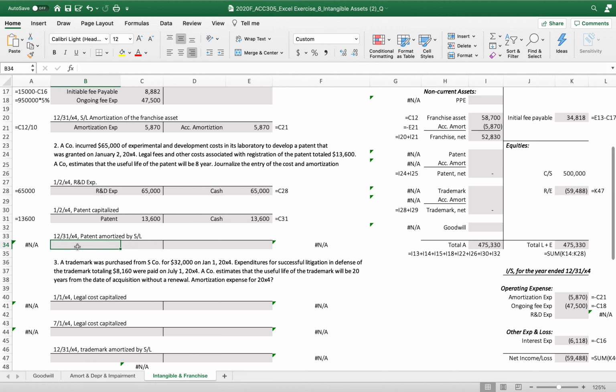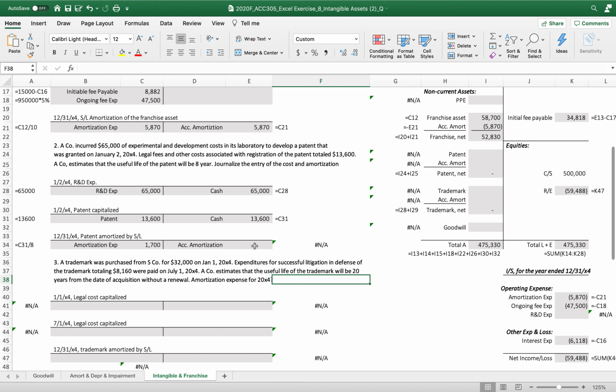How many years was that? 8 years. So here we put the amortization expense. 13,600 divided by 8 years, so 1,700, and accumulated amortization.